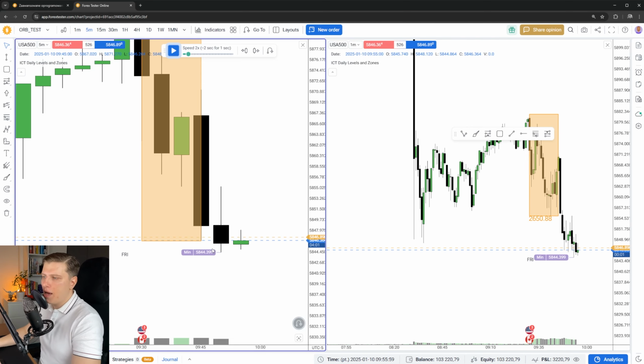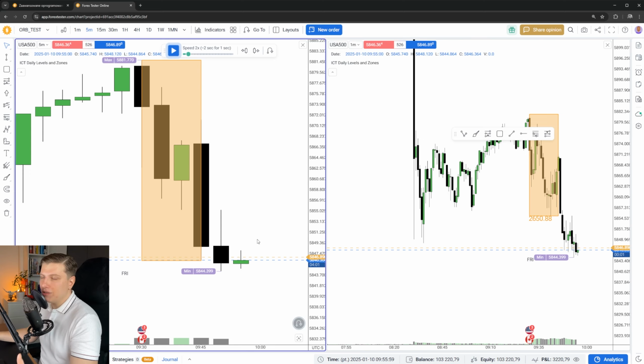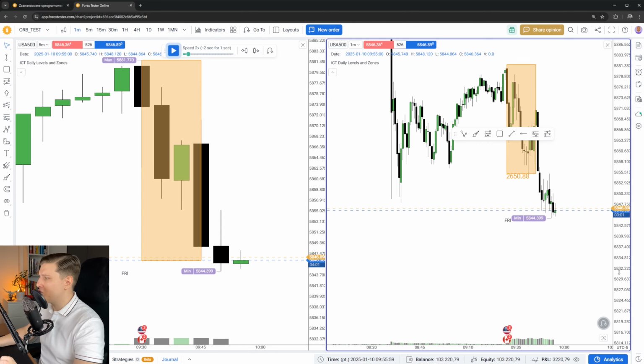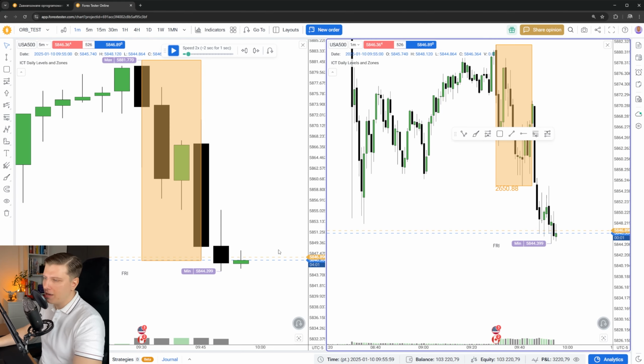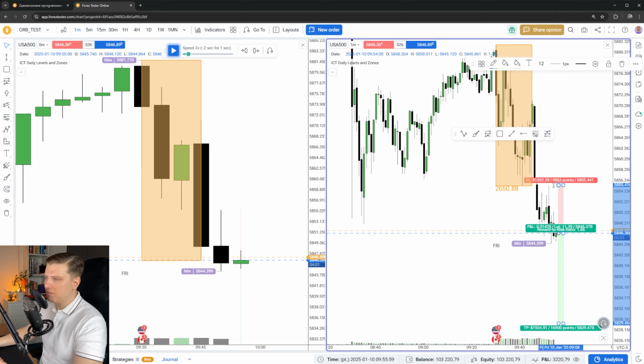Some of you probably will just move to another example, but this is pretty tradable. But what you need to understand is that probably this is not gonna be a huge move, to be fair, but still I'm looking for a sell right here based on my rules, because we took the previous trade. That's why I'm gonna also take this trade.